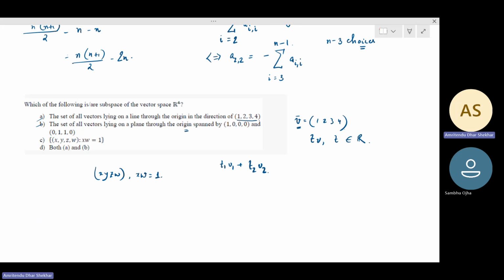So here, very simply, you can notice that in any vector subspace, the zero element is always there. Here you can easily check that the zero element is not there, right? Because if zero was there, then this xy equal to 1 will not be satisfied. So it's not a subspace of R4.